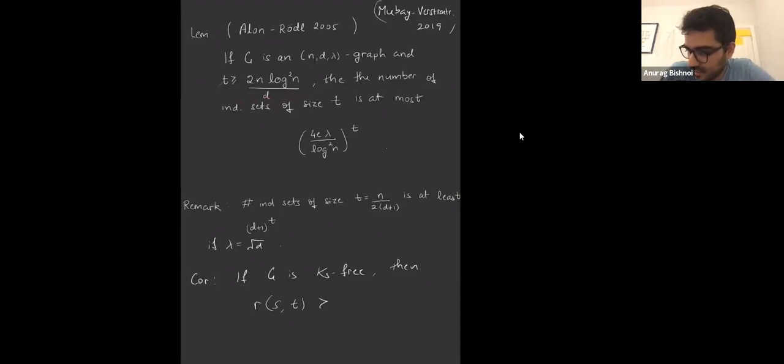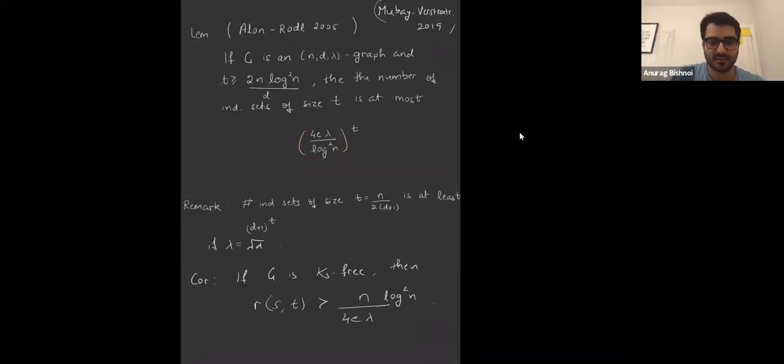So you get n divided by 4e lambda log square n. Okay, we're just taking n divided by m. This is m, this thing inside the exponent.